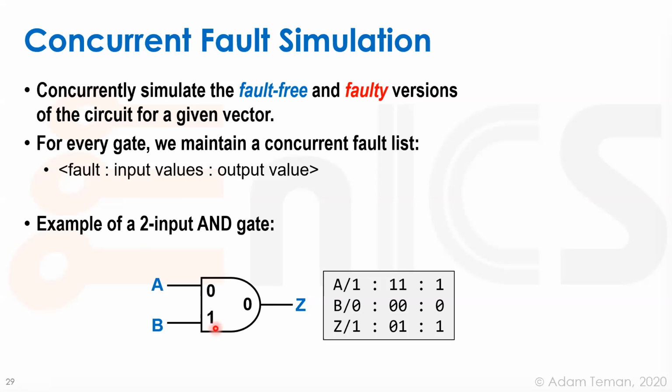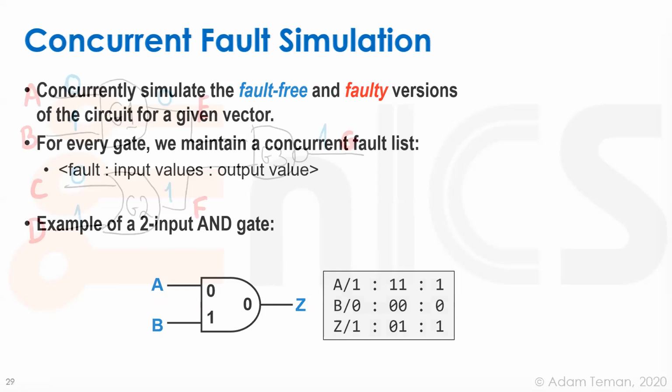If A is stuck at 1, then our input is 1, 1, and our output is 1. If B is stuck at 0, then our input is 0, 0, and our output would be 0. And if Z is stuck at 1, our input wasn't faulty, so it was 0, 1, but our output would be 1. So for each of the gates, we're going to have a list like this.